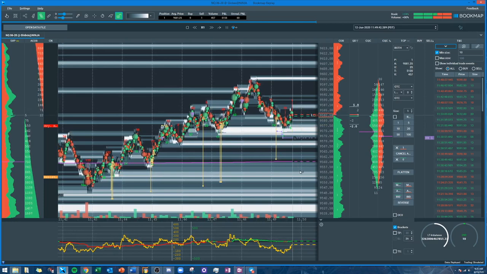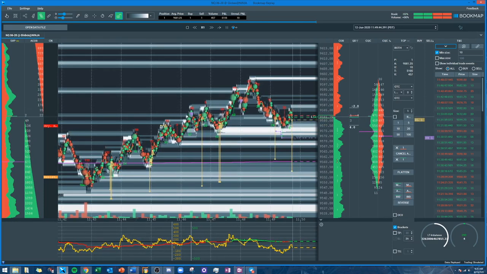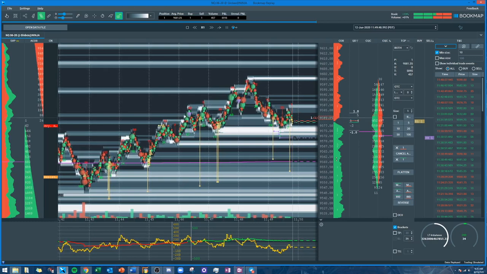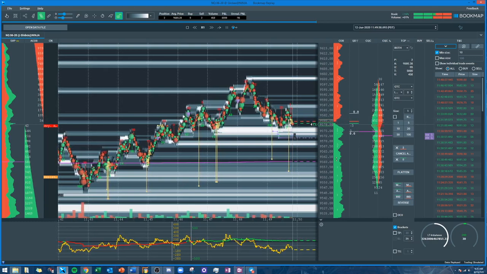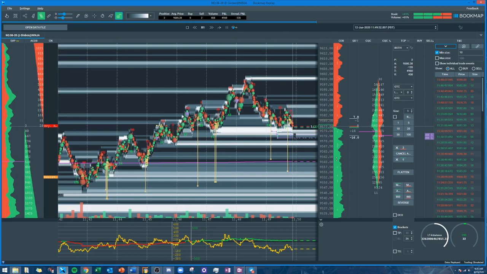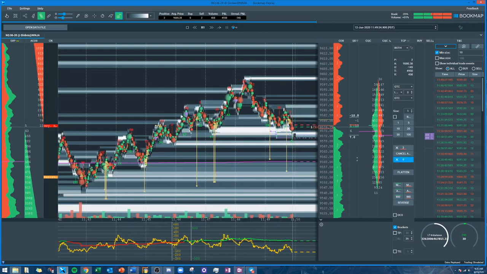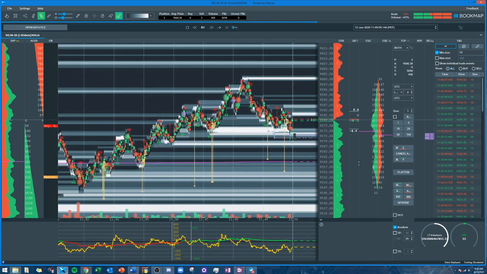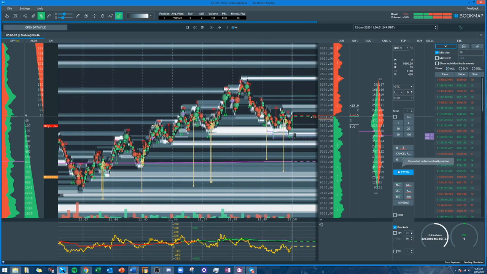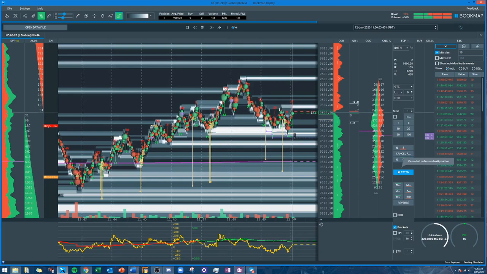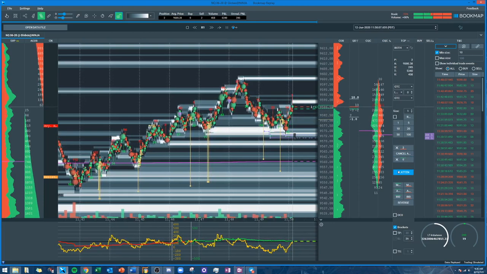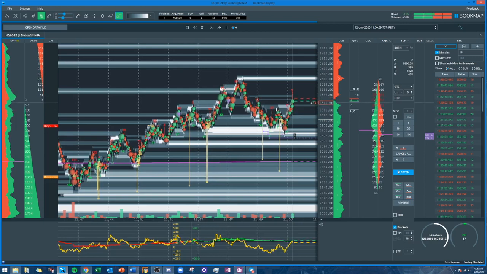And I'm going to throw in another one. So that liquidity is getting busted through. We'll see. Nice. Okay, now we're getting some good market orders. There we go.